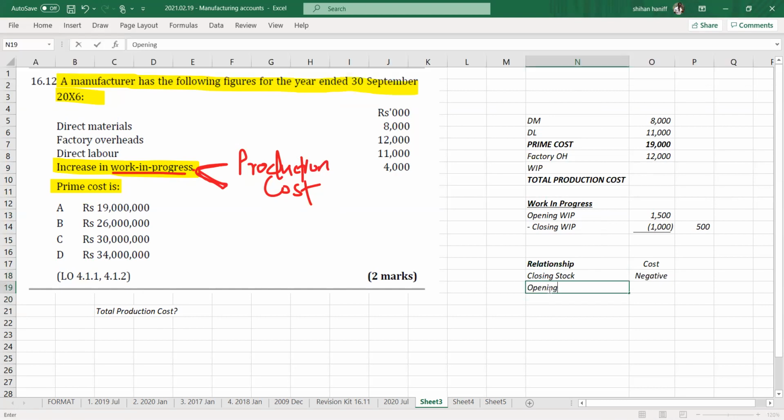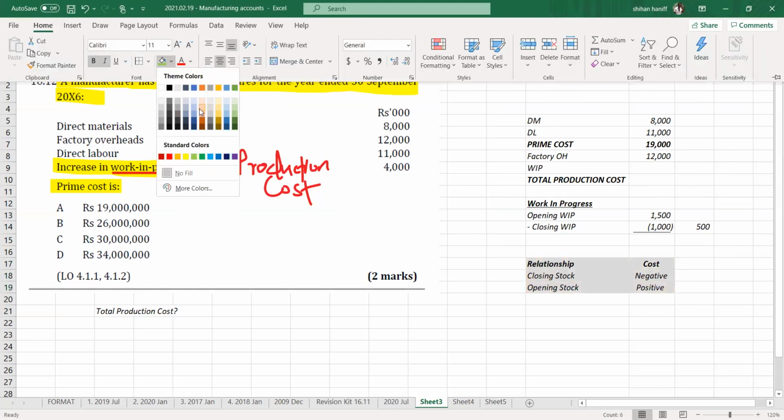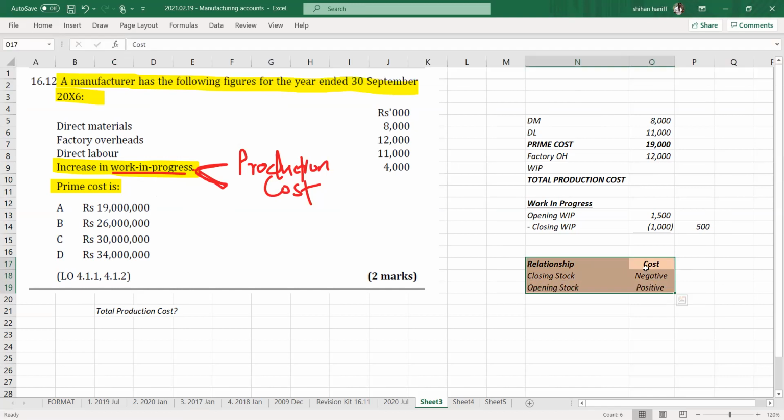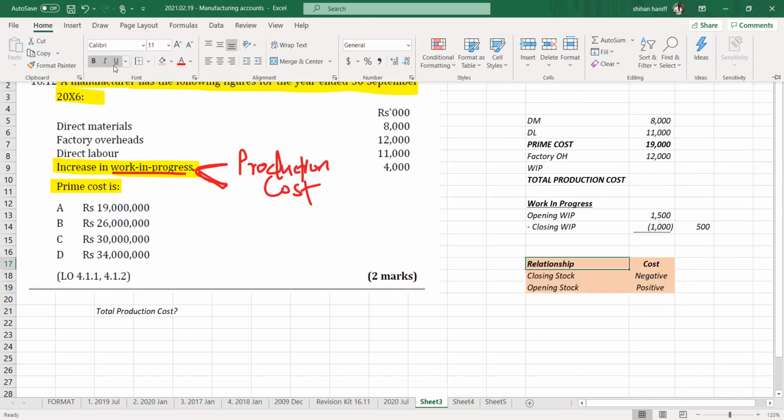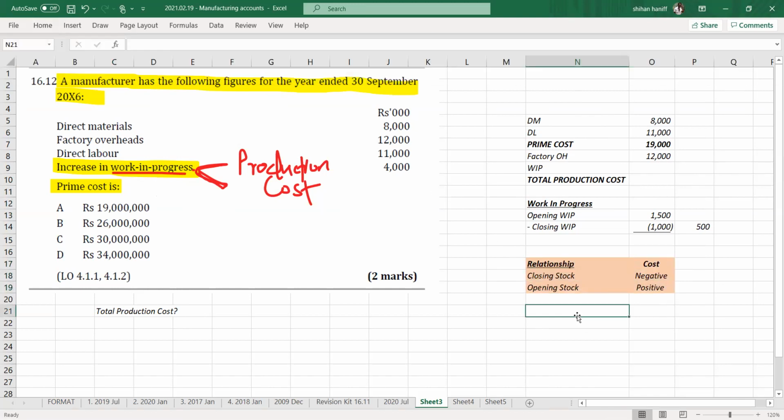Then opening stock and the cost, there is a positive relationship. So write this as a note. This is an important note because in future also you might need this concept.